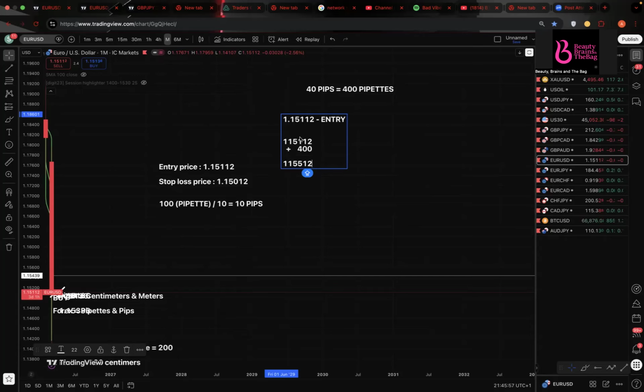So anytime, if you want to subtract, let's say you want to subtract 20 pips, this will be 200. Are you with me? So 115112 minus 200.